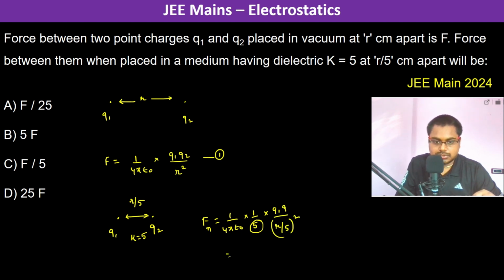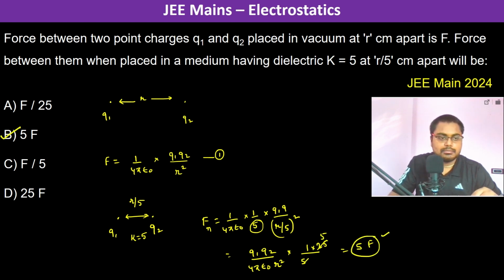So this becomes Q1 Q2 divided by 4 pi epsilon naught r square into 25 by 5, so this is actually 5F. Therefore B is the answer.